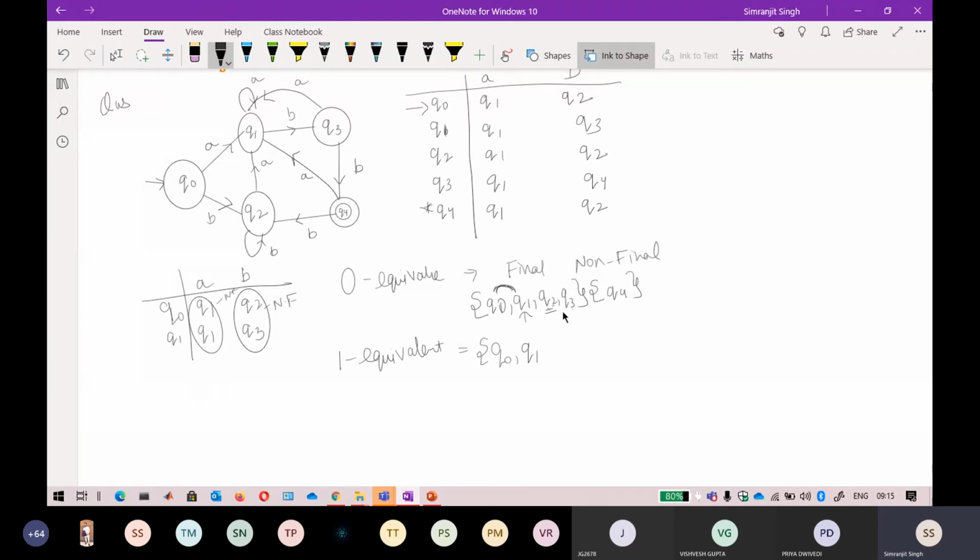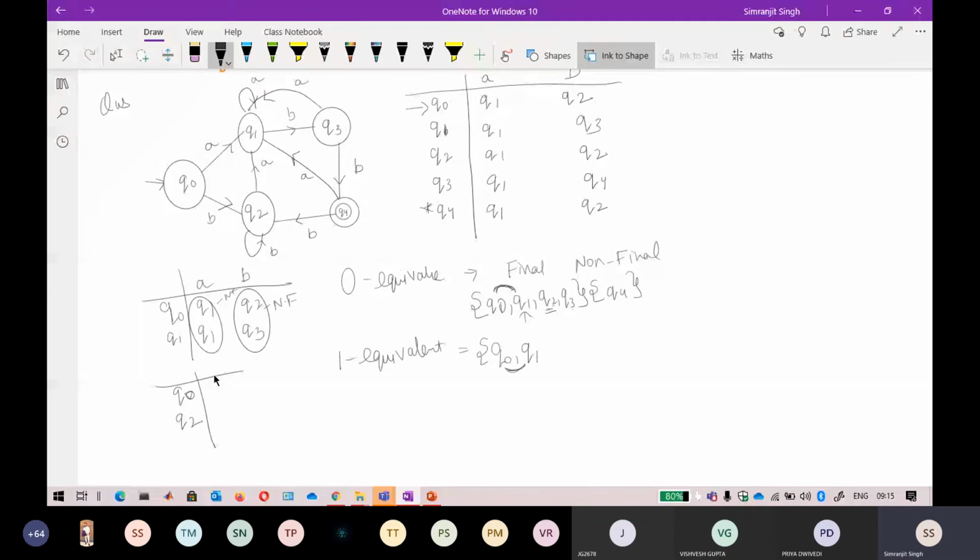Now I have to place this Q2 with these states. You can check with any one, so I will check with Q0 and Q2. It can be with Q1 or with Q0, because they are equivalent to each other. If Q0 is equivalent to Q1, it will also be equivalent to the other by the transitive property.